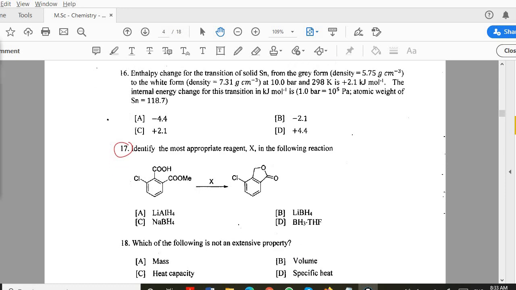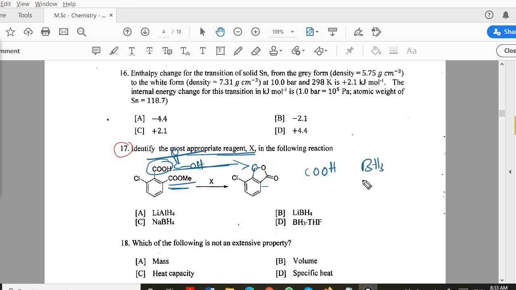Here it is asking for the most appropriate reagent for the conversion of this compound into this. If you observe, this C double bond OH is converted into CH2OH. So carboxylic acid is converted into the alcohol but not the ester. The best reagent for the conversion of carboxylic acid is boron reagents.